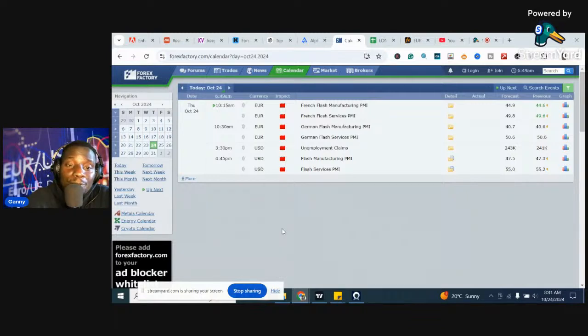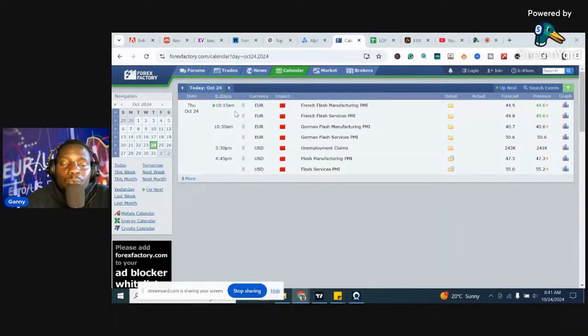If you do not know exactly how to do this, all you need to do is, 5 minutes before these news events drop, for example, if the news is at 10:15 a.m., at 10 minutes past 10, I get onto the chart, move my stop to break even, then wait for the news event to happen. If it goes my way, fine and good. If it doesn't, then obviously it will find my stop at break even.